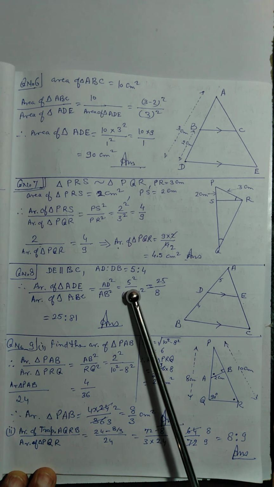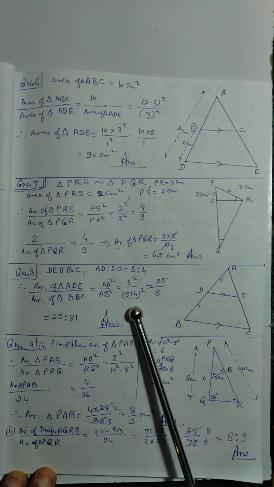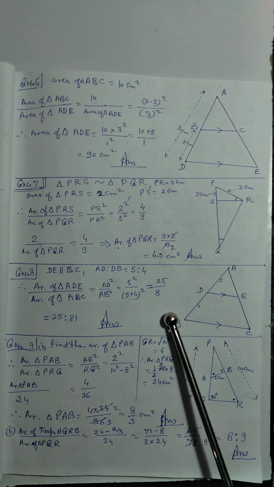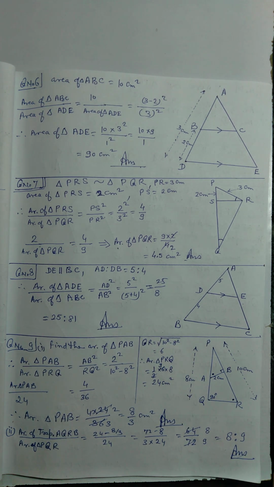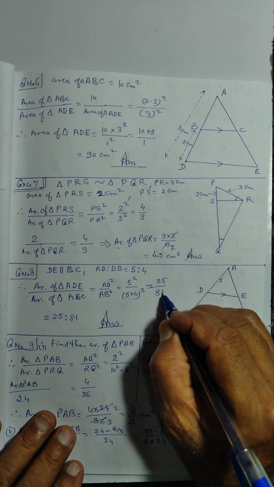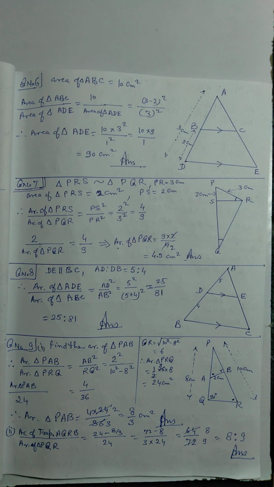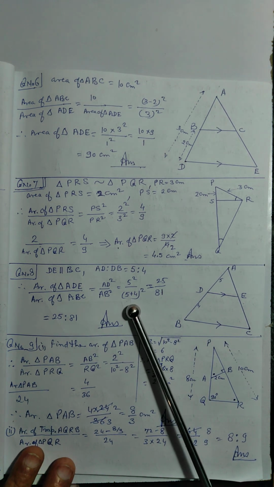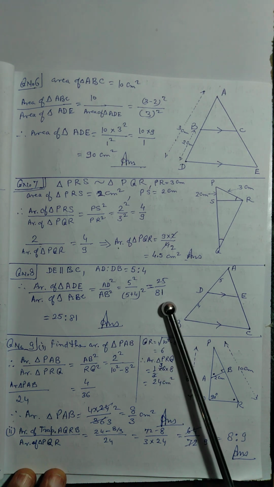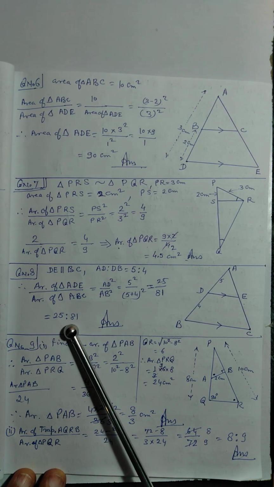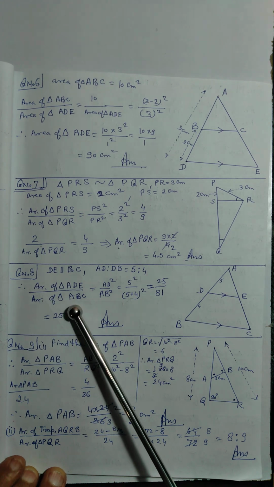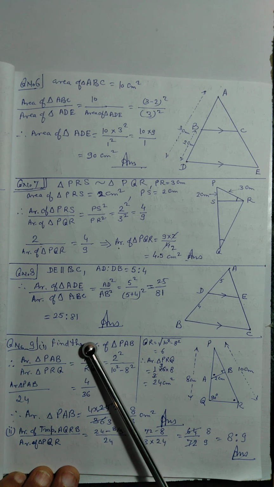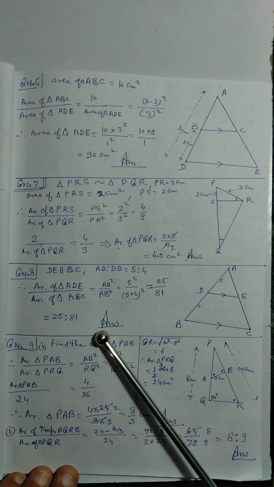So for AD I have written 5, for AB I have written 5 plus 4 whole square, that is 25 by 81. 25 by 81, देखिए 5 plus 4 9, 9 का स्क्वायर किया 81 आ गया. So 25 by 81, this will be the ratio of the area of triangle ADE and ABC. So now this will be the answer of question number 8.